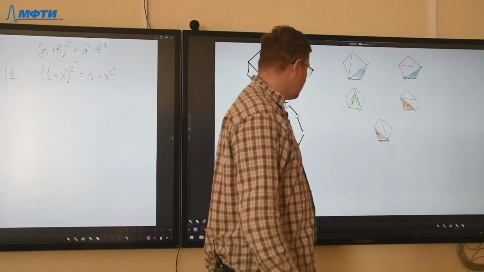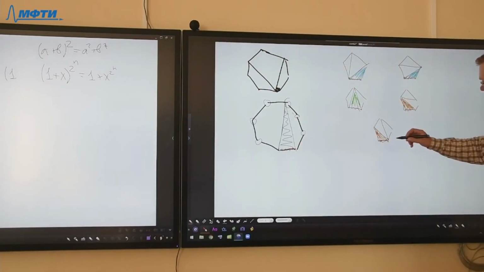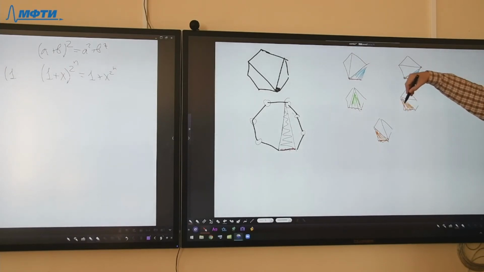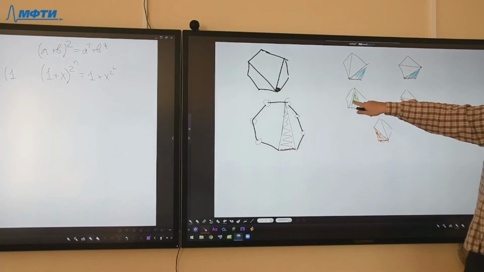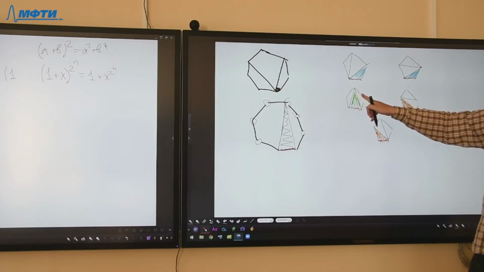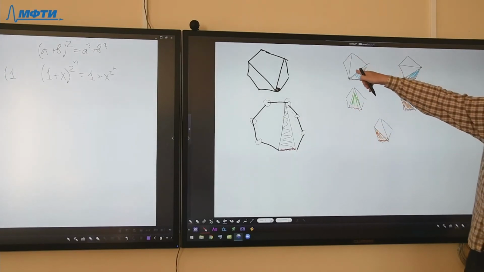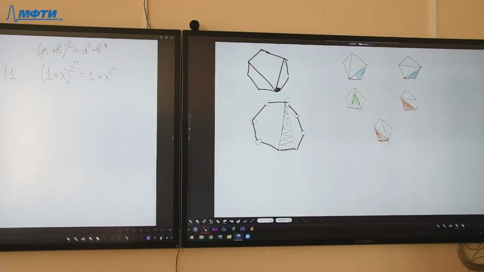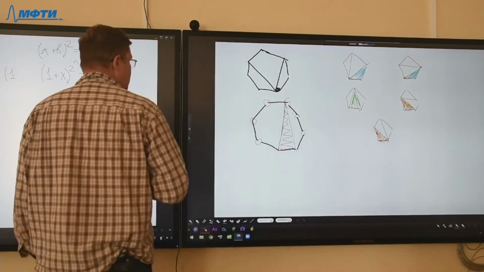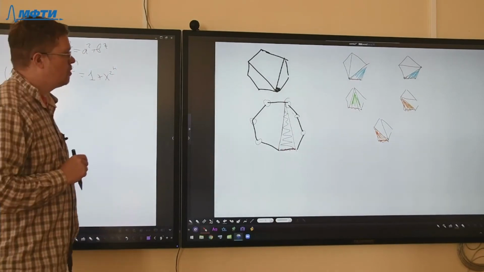For each of these vertices, here I will have exactly two possible triangulations because I have two possible triangulations of the square. Here I'll have exactly one triangulation because I have only one triangulation of a triangle and one triangulation of a triangle. Here I'll have again two possible triangulations of a square.